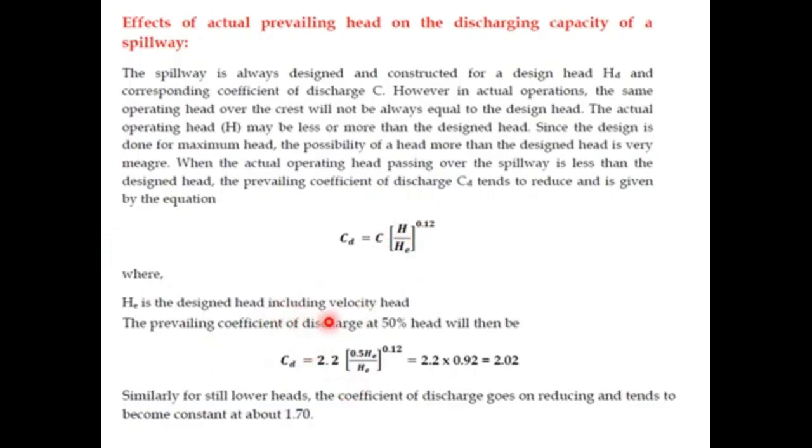For example, if the head is operating at 0.5 times the total head, and C is 2.2, which is a standard value for ogive spillways, then the factor will be 0.92, and hence the coefficient to be taken is 2.02. However, for still lower heads, the coefficient of discharge keeps reducing and may tend to be constant at about 1.7.